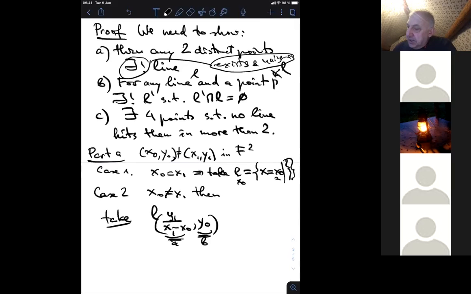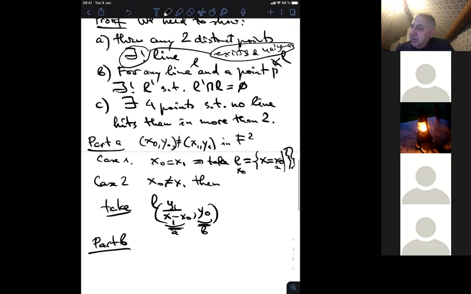Now the second thing is to show that if we have a line and a point, then there exists another line parallel, not intersecting the first one.